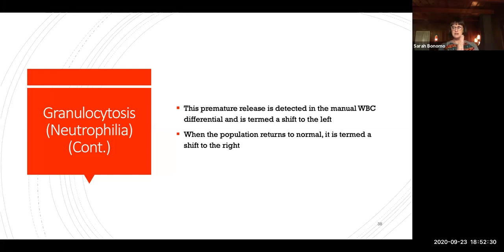So a shift to the left on the CBC with differential just means that there is a premature release of these neutrophils into circulation, which probably means there's some sort of an infection or inflammatory process going on. And then we call it a shift to the right when it goes back to more of a normal ratio.